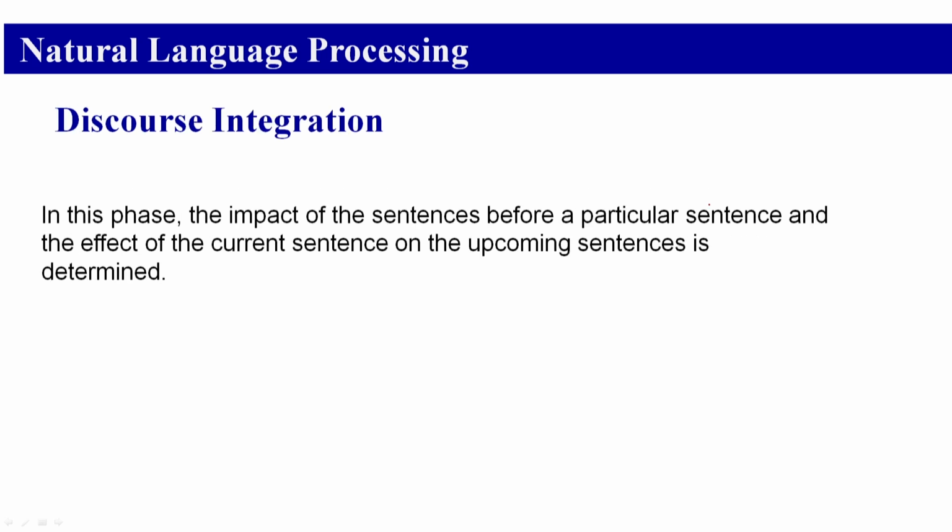Then we also need to look at whether the impact of a sentence formed before or after has taken care of the aspects of continuity or not. The impact of a sentence before a particular sentence or even after it, and the effect of the current sentence on upcoming sentences, has to be determined.